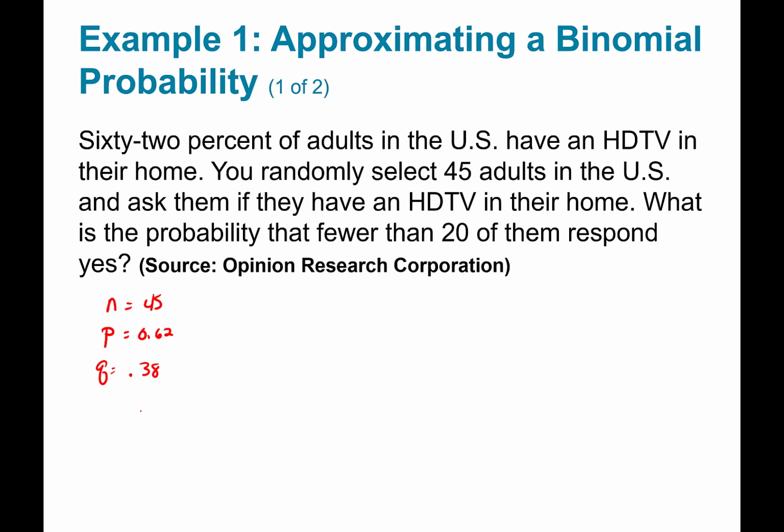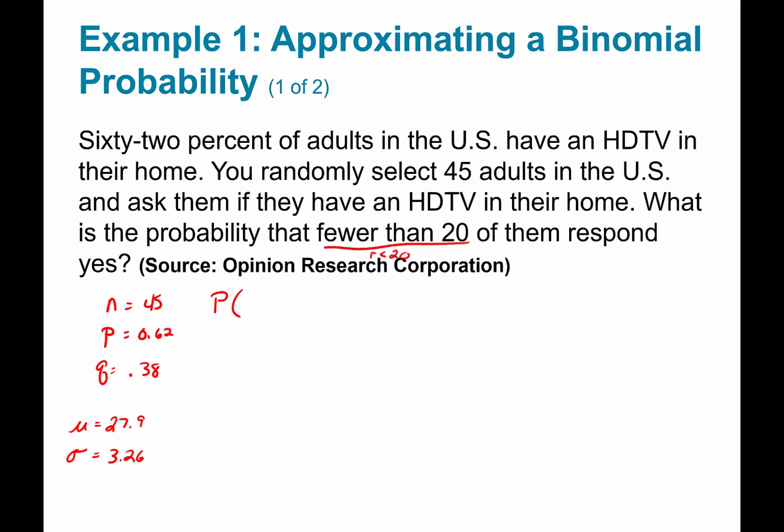We found NP was 27.9, NQ was 17.1, both were larger than or equal to 5. And so that told us we could do it. So then we know the mean, mu, is n times p, which was 27.9. And standard deviation sigma is going to be about 3.26. We already calculated that earlier.